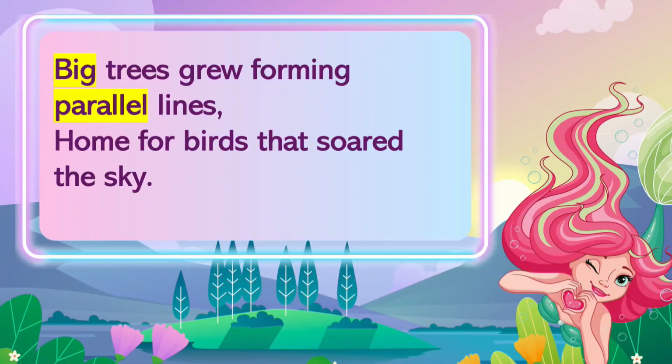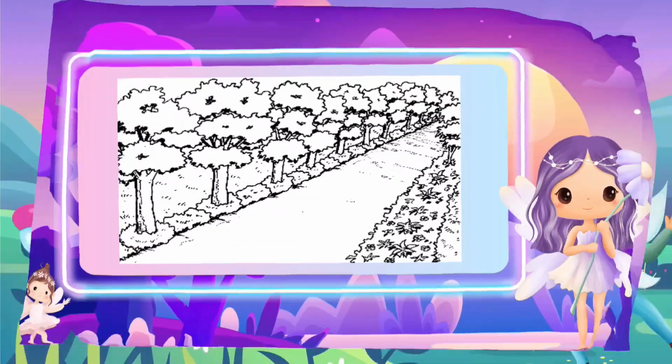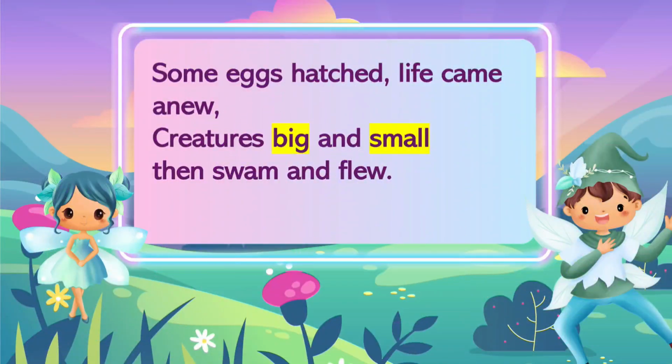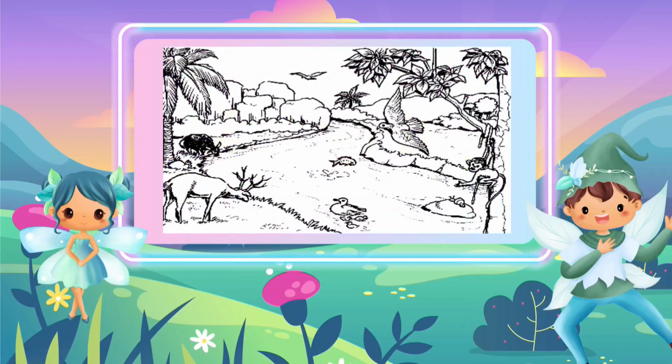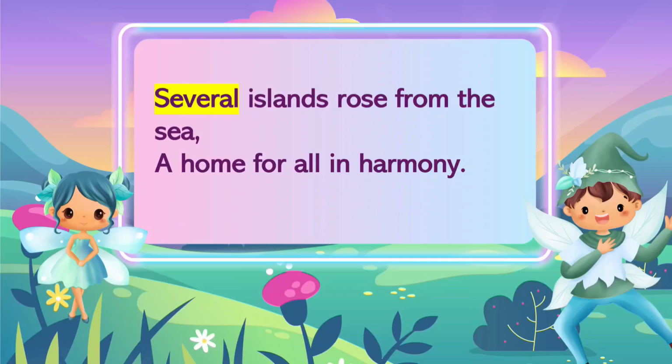Big trees grew forming parallel lines, home for birds that soared the sky. Some eggs hatched, life came anew. Creatures big and small, then swam and flew. Several islands rose from the sea, a home for all in harmony.